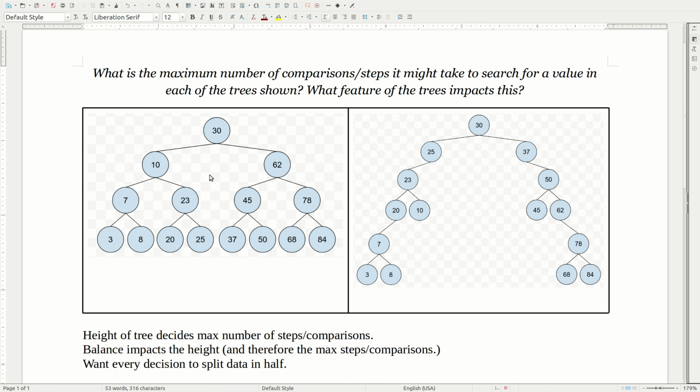And so you're going to look a bit today at this question of balance and what makes a good binary search tree, and a little bit about how to build binary search trees and how to remove things from binary search trees as well. And so you'll work on those in sections B and C of the activity, which will lead you into working with some more of those in labs and projects coming up.